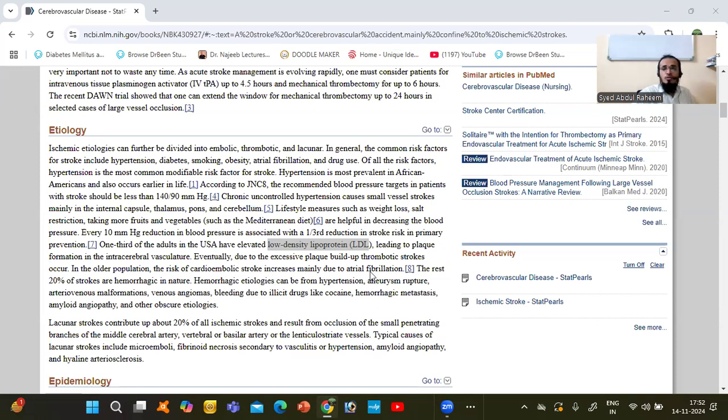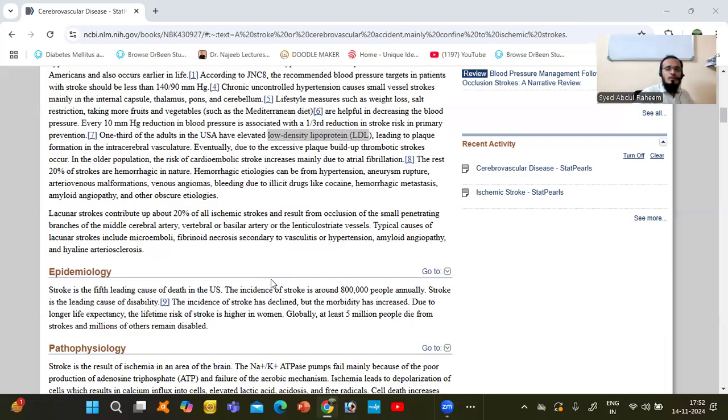It is due to atrial fibrillation, because the heart is not working properly. Okay, in atrial fibrillation, I already told you here. So these are the causes. The lacunar strokes: what are the reasons? Middle cerebral artery, vertebrobasilar artery, lenticulostriate vessels.